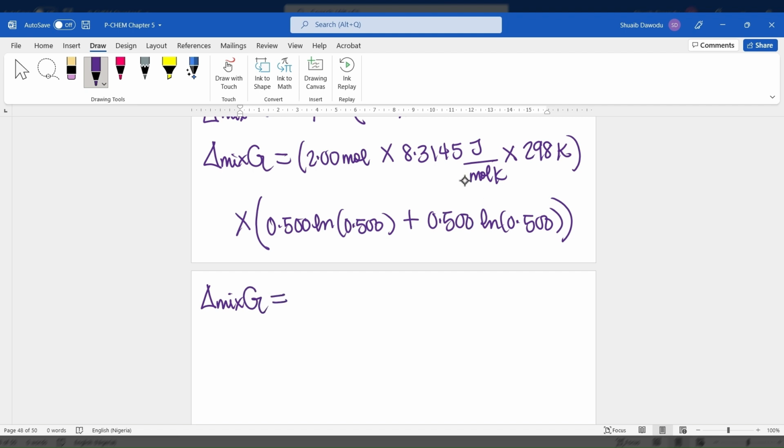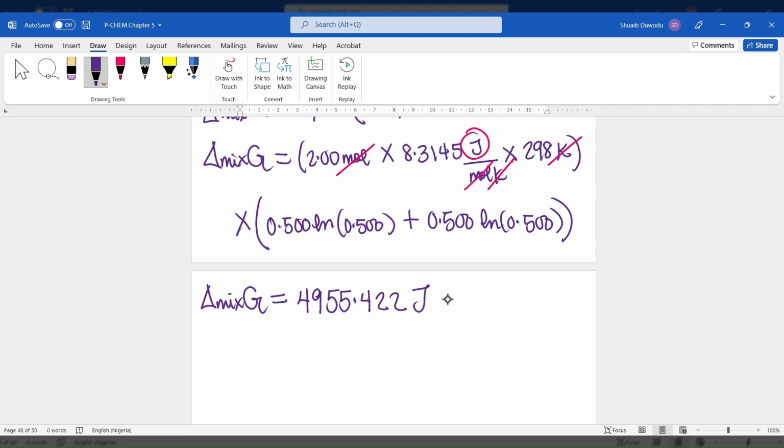So change in Gibbs energy of mixing is simply 2 times 8.3145 times 298 Kelvin. When we input that in our calculator, we end up getting 4,955.422. Now, of course, we have to put the proper units for this part. We have to cancel out the mole, cancel out the Kelvin. What we have that is left is just simply joules.